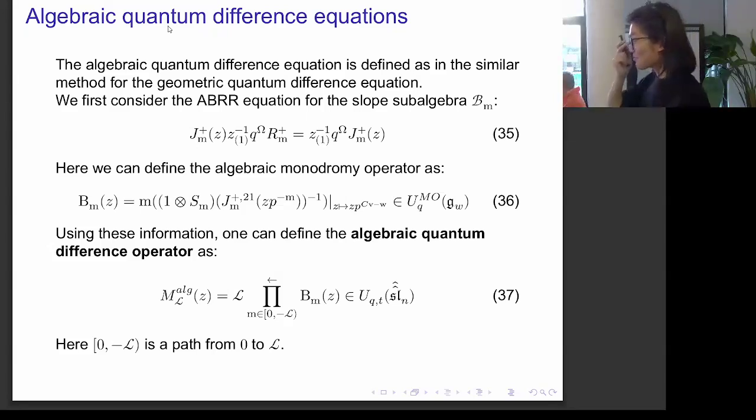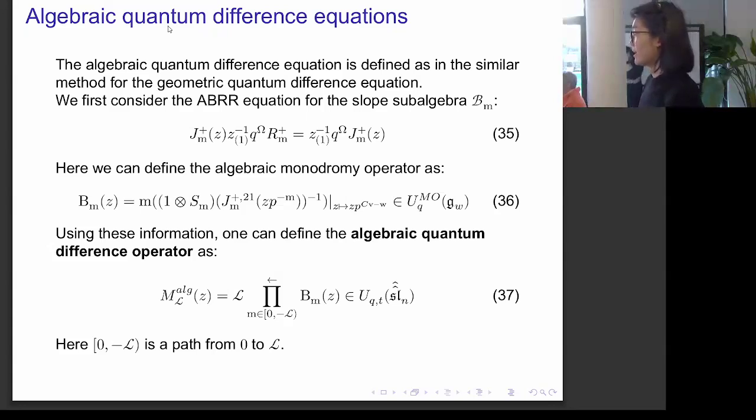Using this information, we can define the algebraic quantum difference operator as the ordered product of the algebraic monodromy operators over here, with the left product given by the line bundle. Generically this will be an operator inside the quantum toroidal algebra.